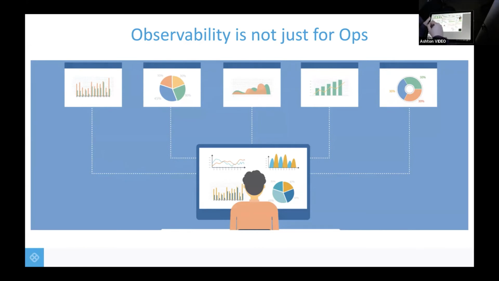Because as we know, observability is not just for ops. It's not just ops responsibility or ops problem. Observability is something that can give everybody a chance to optimize their software delivery processes and really make a difference when we're deploying and serving customers.